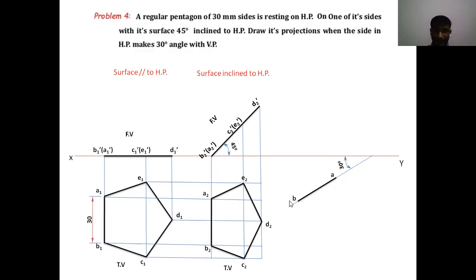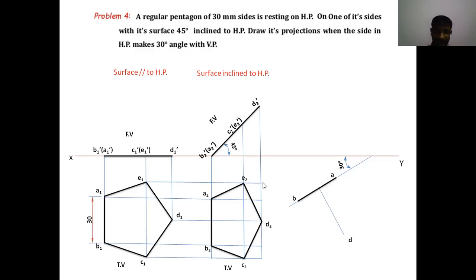So locate the midpoint of AB and draw the line perpendicular to AB at the midpoint. After it is drawn, the length of this perpendicular line must be equal to this length, to locate the point D. So locate the point D at the end of this perpendicular line. This point is D.